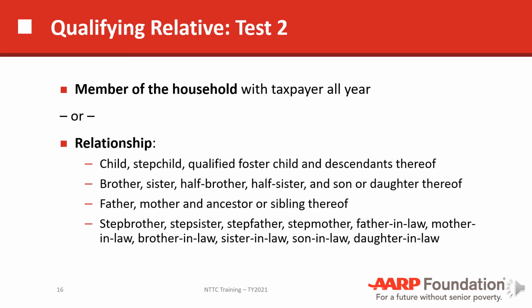Was it the father, mother, or ancestor or sibling thereof of the taxpayer? Stepbrother, stepsister, stepfather, stepmother, father-in-law, mother-in-law, brother-in-law, sister-in-law, son-in-law, daughter-in-law. So if it was any one of those or descendants of any one of those, then they would qualify as a qualifying relative. It may potentially be a dependent or maybe a qualifying relative for some other tax purpose.